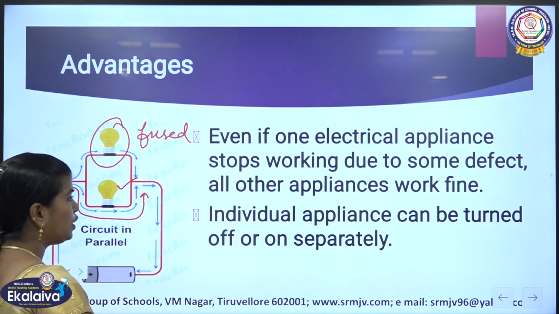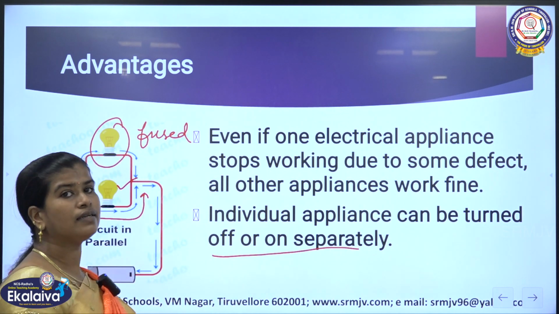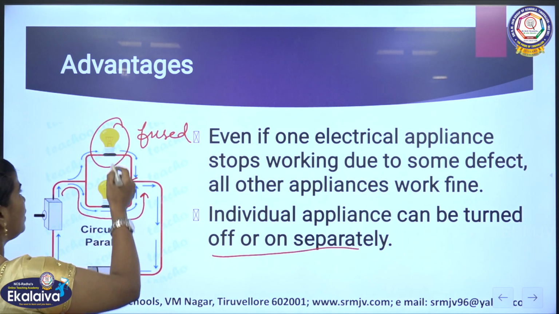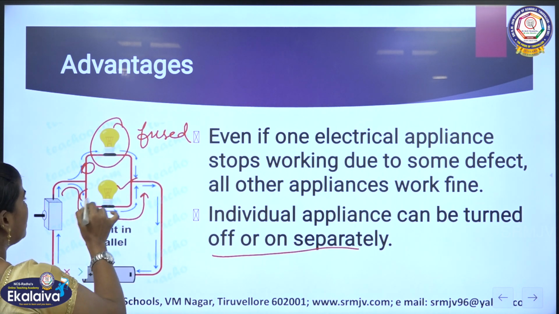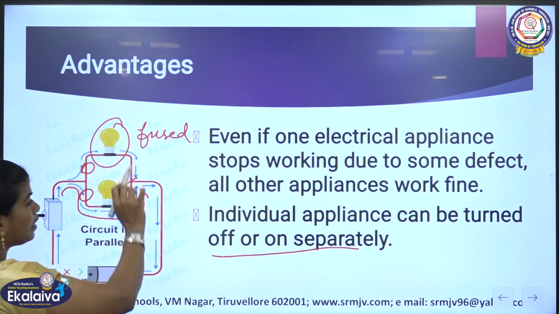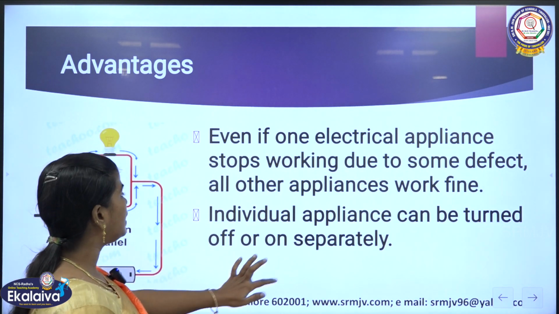And individual appliances can be turned on or off, as I said earlier. If I have a switch over here, I can operate this bulb separately, and if I have a switch over here, I can operate this bulb separately. That is the advantage.